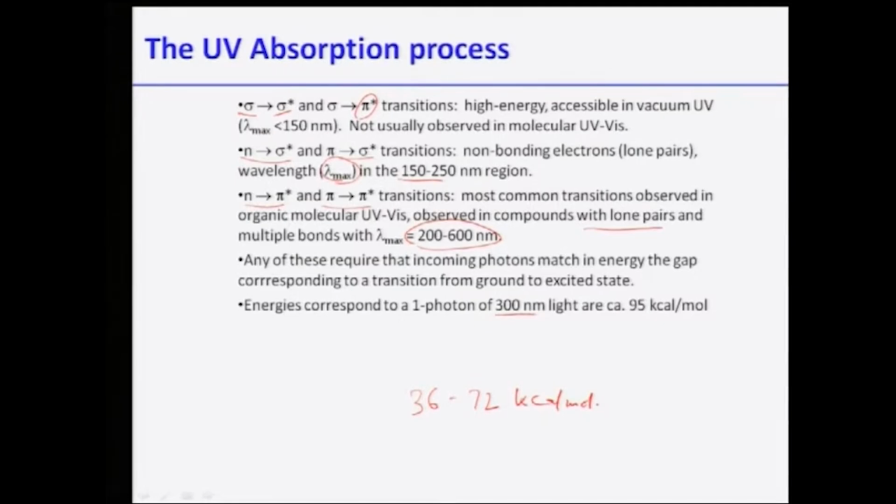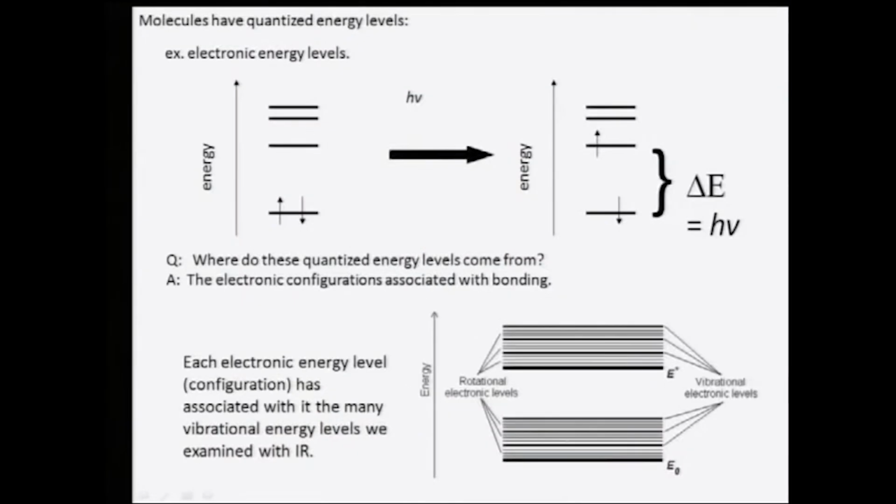In the near middle regions it will be higher, so near visible it will be a little high, approximately 143 kilocalories per mole. These energies are all sufficient to promote or excite molecular transitions, so we can normally use this as a transition.